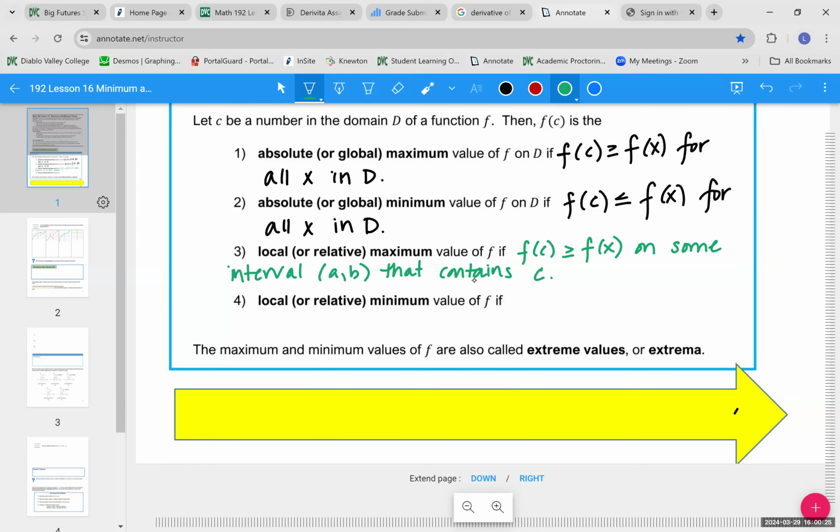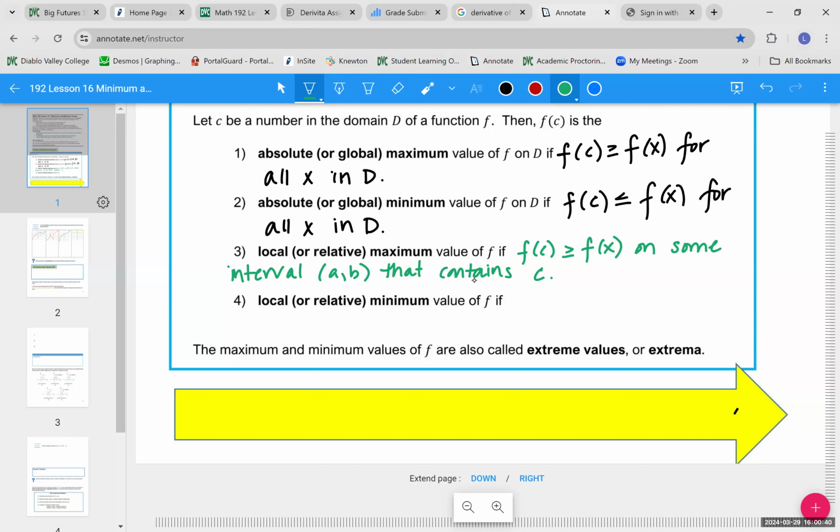So on both sides, c is not the endpoint of the interval. On both sides of c, that x value, there's a little neighborhood there where its y value is the biggest on the block, so to speak.